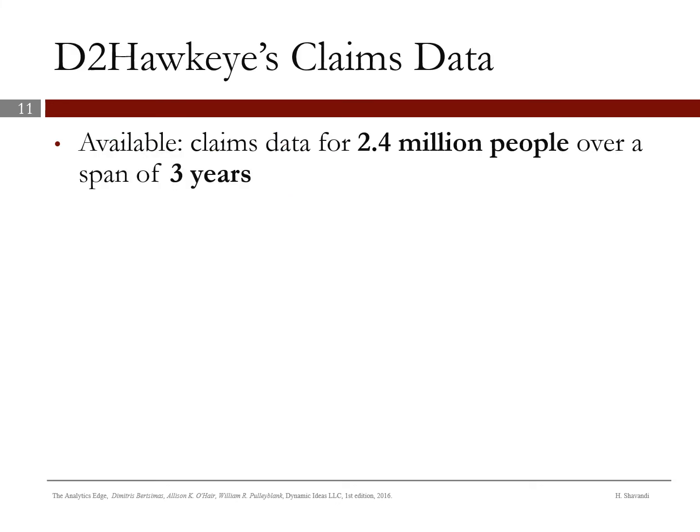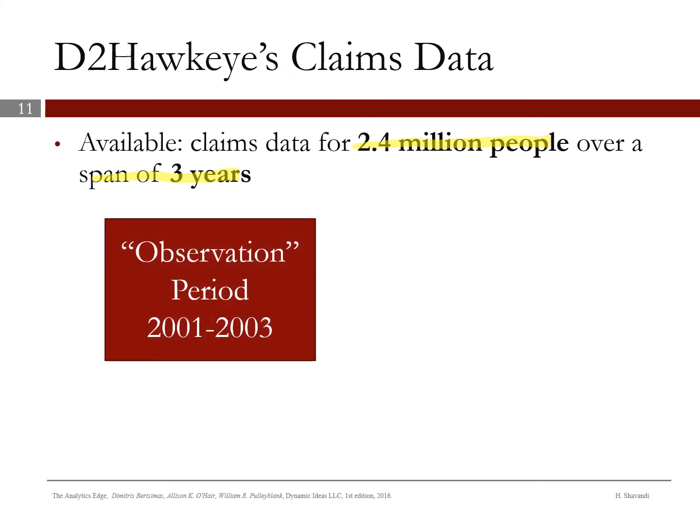So now let's see what was the D2 Hawkeye's claims data. The claims data was for about 2.4 million people over a span of 3 years. The observation period was 2001 to 2003.